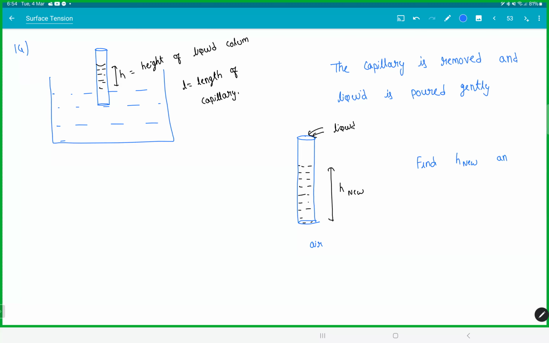Find h new and find the force required to remove the pipe from the water. M is the mass of capillary.